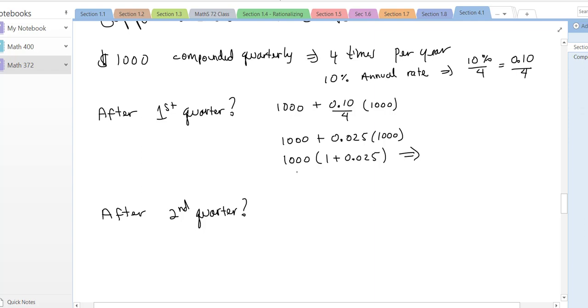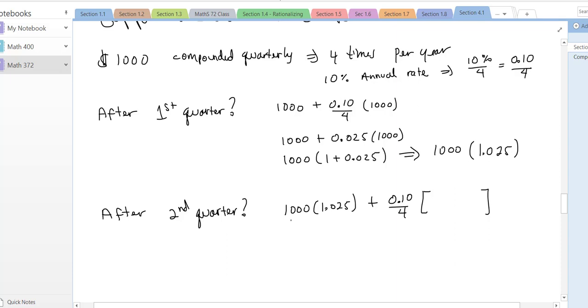For the second quarter, we're going to start with this amount. So I'm going to have, and we can simplify it to say 1,000 times 1.025 once we add those. So for the second quarter, I'm going to have my ending amount from the first quarter, 1,000 times 1.025, plus the interest earned on this. So the interest earned now in my second quarter is 0.1 again divided by 4 times the amount.